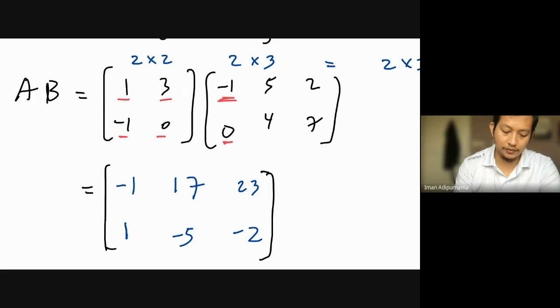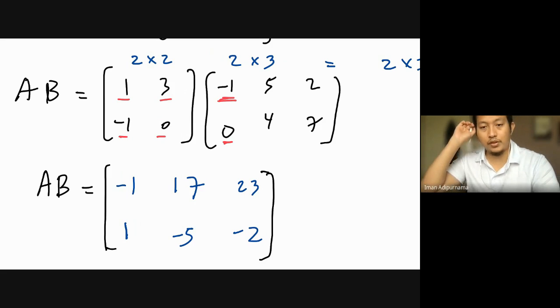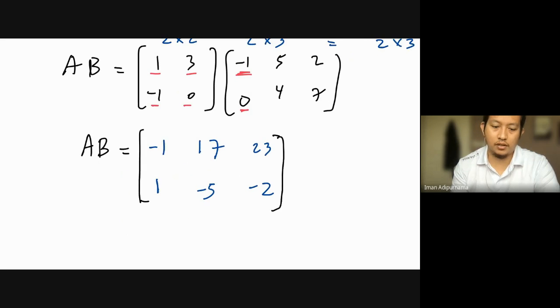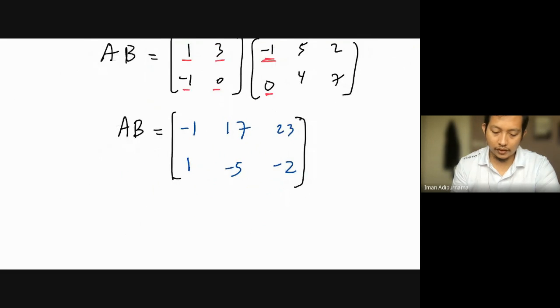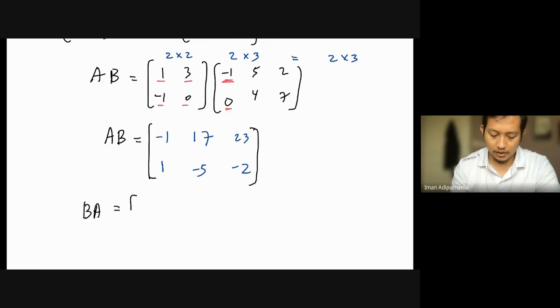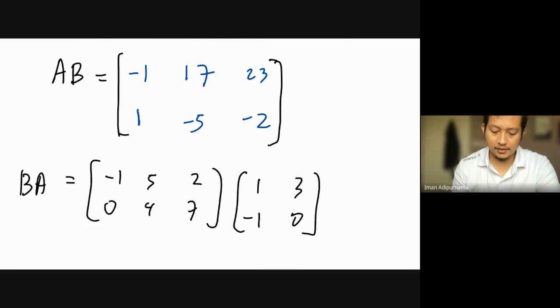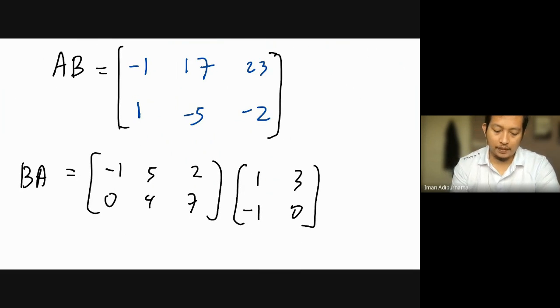So we are going to have the product for the multiplication of AB is -1, 17, 23, 1, -5, -2. This is the product of AB. Okay, if we are looking for BA, by looking at the size of the matrix, this will be size 2 by 3, and this is 2 by 2.